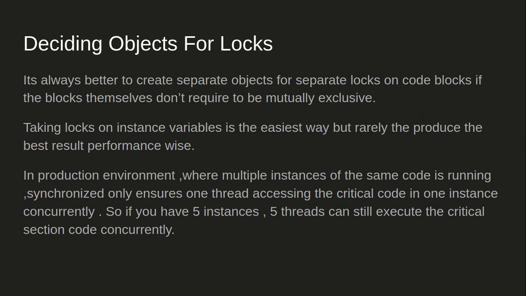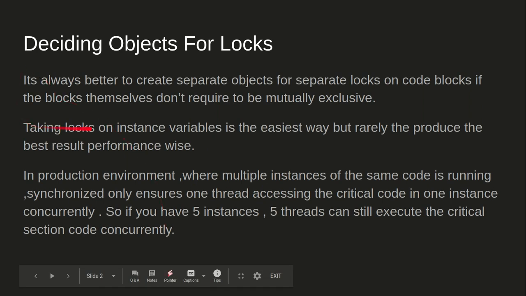That is, you are only using 25% of the capability of your system, whereas you could have synchronized on 4 separate lock objects, and by taking locks on 4 separate objects, you would have still made sure that the critical section of your code isn't executed in parallel by multiple threads, but those 4 independent synchronized blocks would still run at the same point of time. So it is always better to create separate objects for separate locks on code blocks if the blocks themselves don't need to be mutually exclusive.